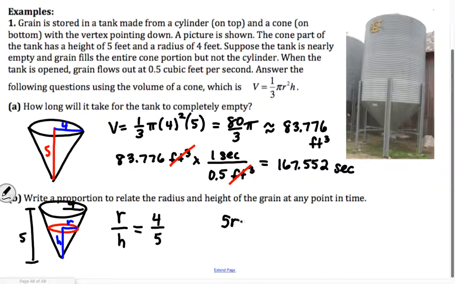Let's say 5r is equal to 4h. What if I wanted r by itself? What if I wanted h by itself? In this case, instead of doing r squared, I'm going to solve for h. So I'm going to replace h with 5r over 4. It's always in that ratio.